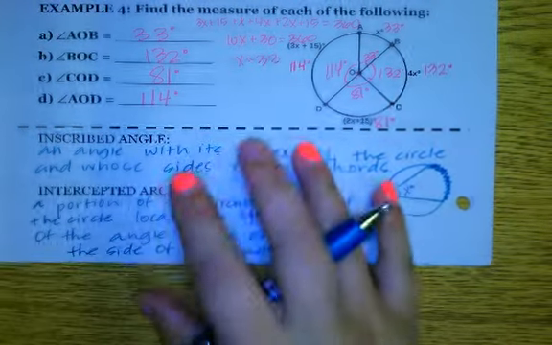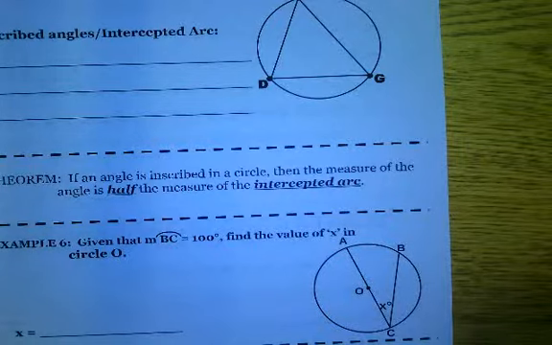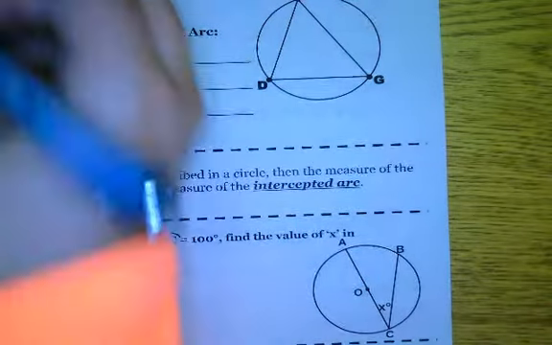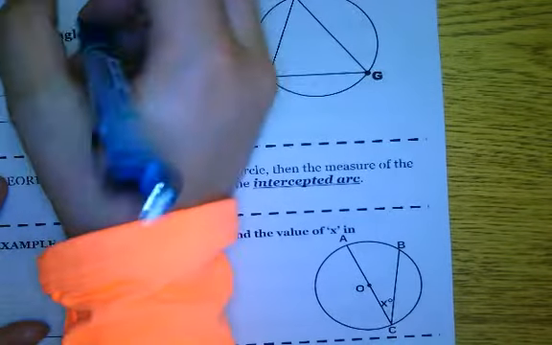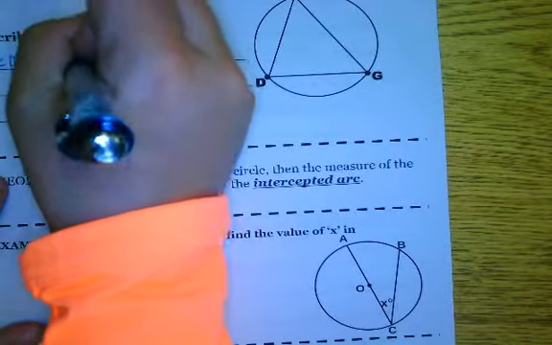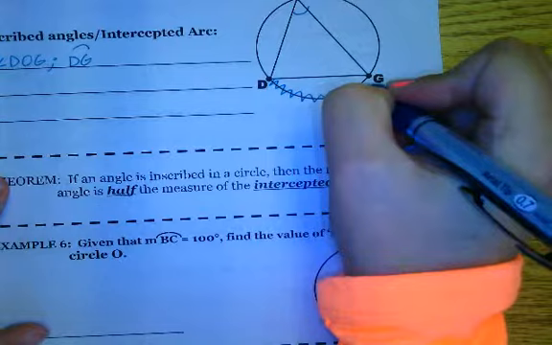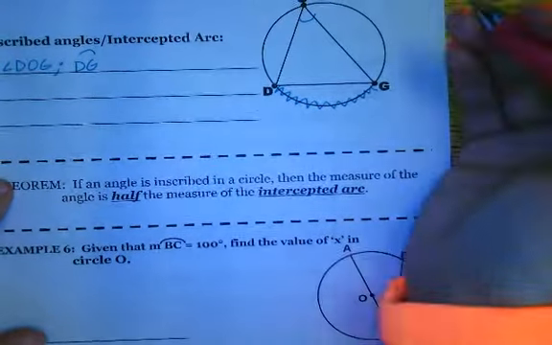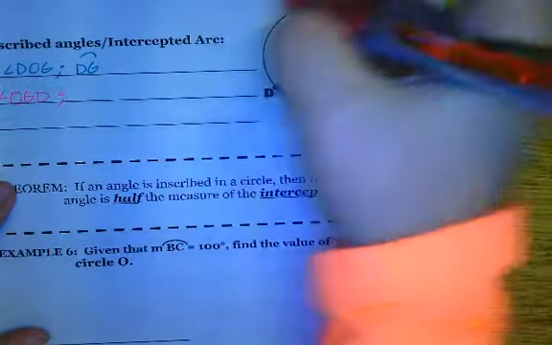Let's apply that idea then. Number 5 says name all of the inscribed angles and their corresponding intercepted arcs below. Somebody give me one inscribed angle. Angle DOG, so which intercepted arc goes with it? DG. So this angle goes with this arc. Somebody give me another one. OGD goes with arc DO.